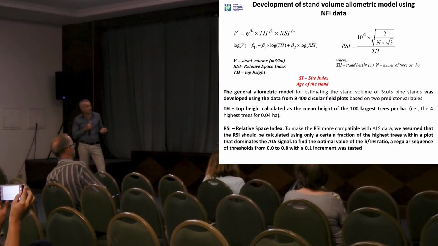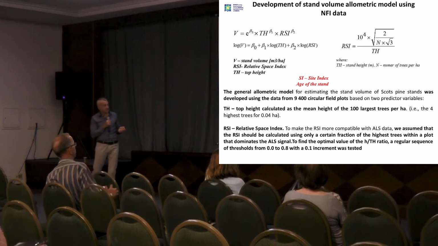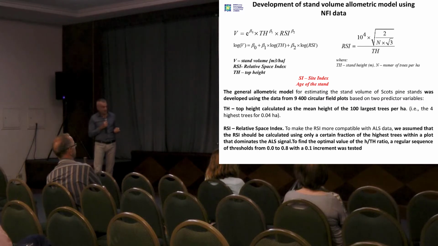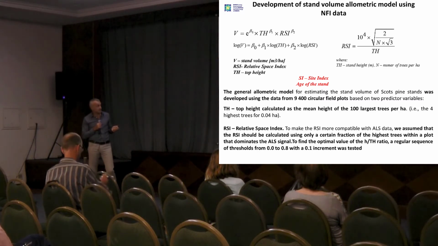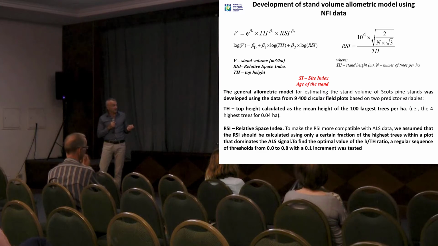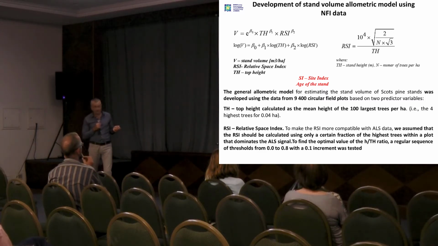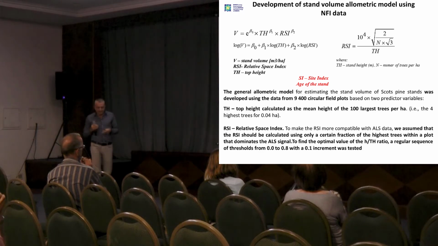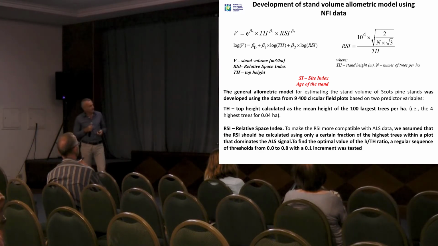In order to develop allometric models, a model which describes stand volume, we used different stand characteristics, but finally we decided to use only top height and relative spacing index. In the case of Norway spruce stands, site index was a significant variable, but in the case of Scots pine, only these two variables explain quite a large amount of variability.